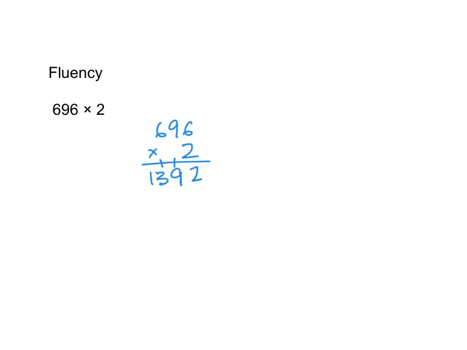So 696 times 2 is 1,392. What are 4 factors of 1,392? Well, we know 1 and 1,392. And we know 2 and 696. So right away, we know 4 factors.